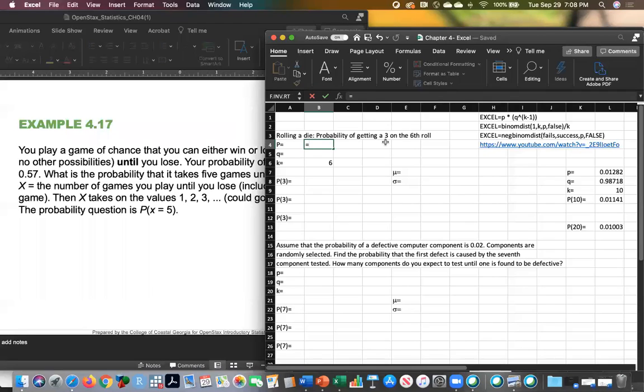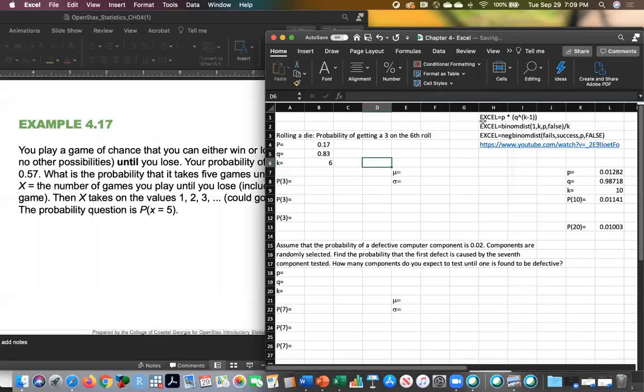Remember, 3 is 1 over 6, because 3 is only one number in the die. So that's going to be the probability of success. Then the probability of failure is going to be 1 minus my probability of success. I'm going to make it small here. I don't like too many zeros, so I can keep those zeros, right? So that's the data I need.